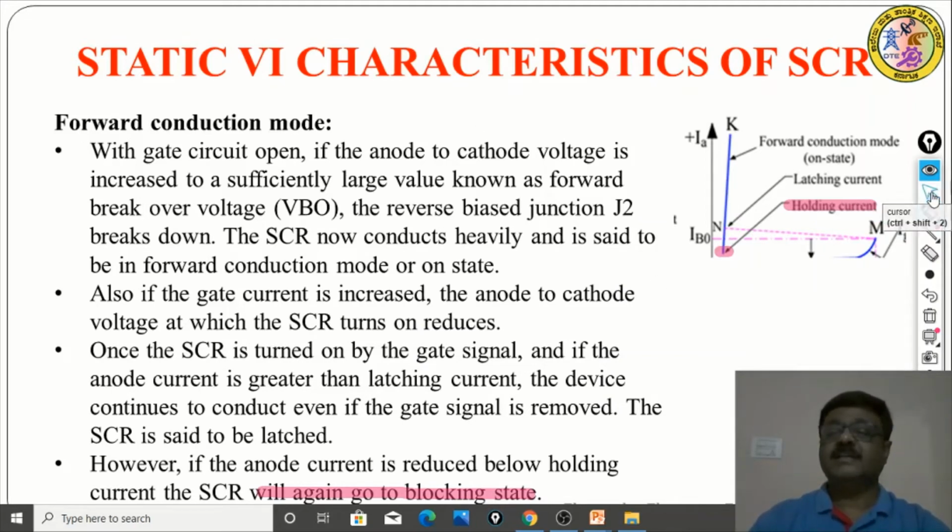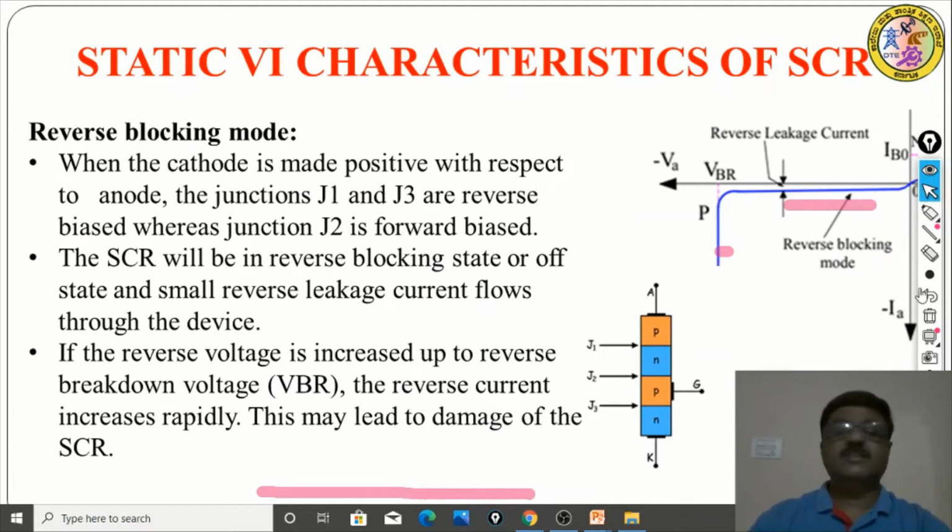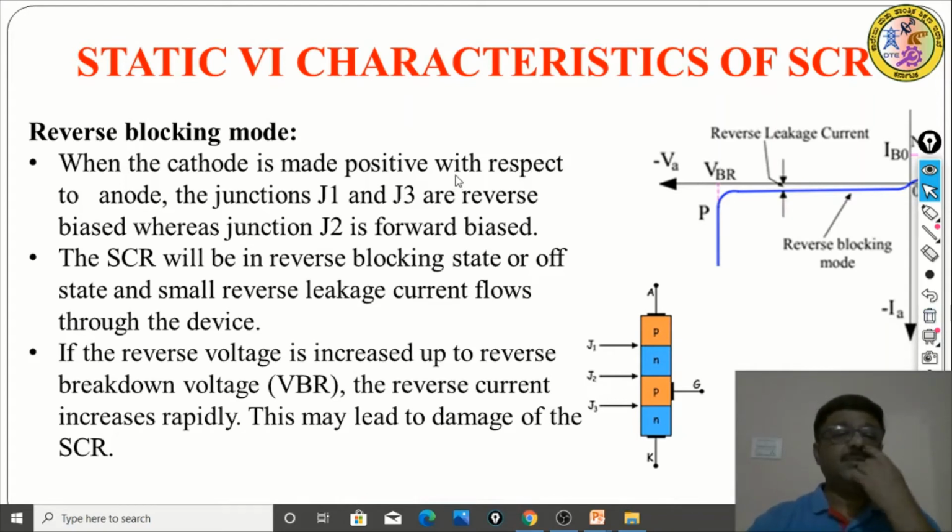Next, let us see the reverse blocking mode of the SCR. In the reverse blocking mode, the anode is made negative with respect to the cathode, or the cathode is made positive with respect to the anode. In this case, junction J1 and junction J3 are reverse biased, and junction J2 is forward biased.